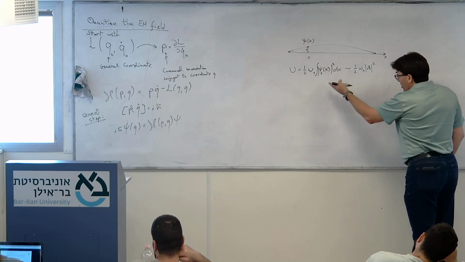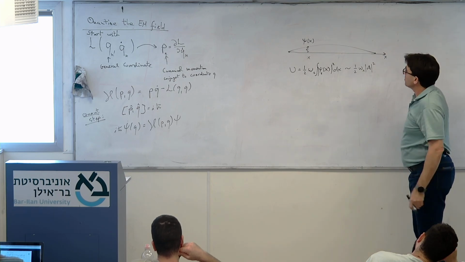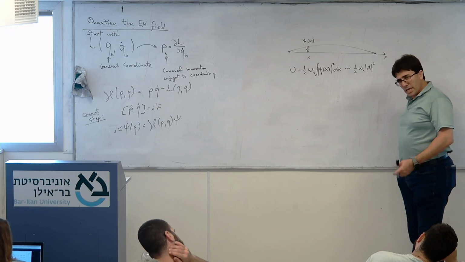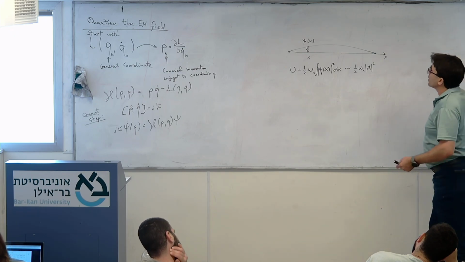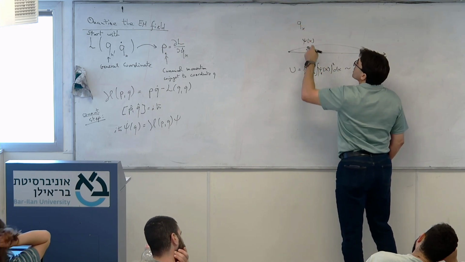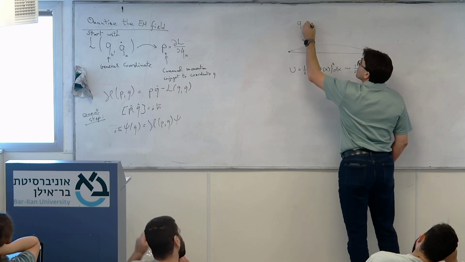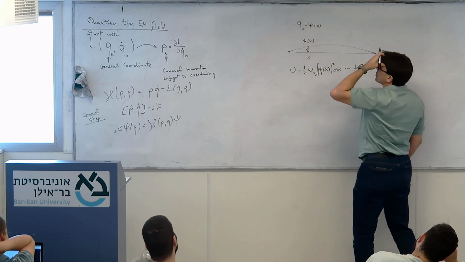So here I wrote this energy, and now we can say that q_x, meaning the q at x, is psi at x, the amplitude of the oscillation at x.